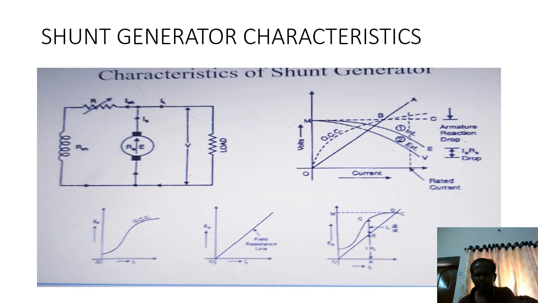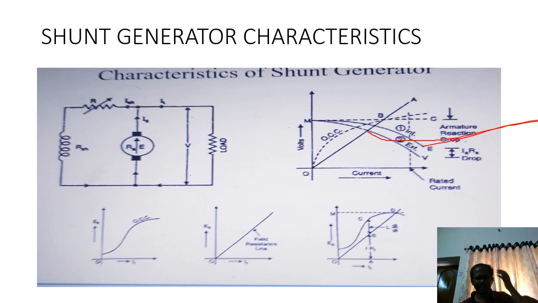When we are connecting the load, there is a drop that happens. When the drop is subtracted from the no load voltage, you will get this characteristic. This characteristic is called the generated EMF in armature with respect to the field current, and in between the two characteristics 1 and 2 there is a drop that is called armature reaction drop.